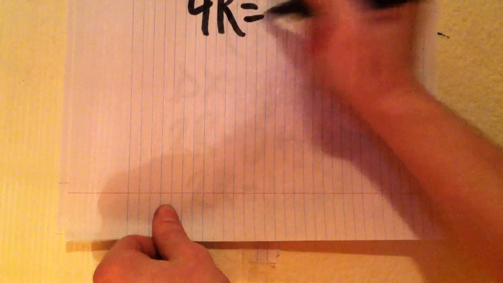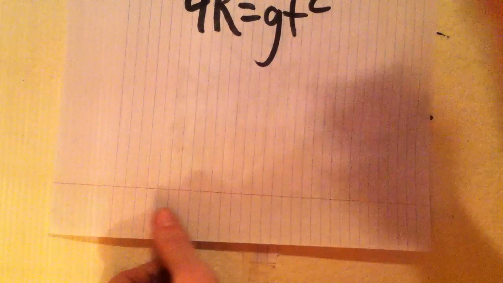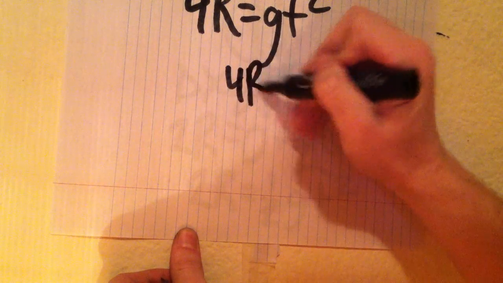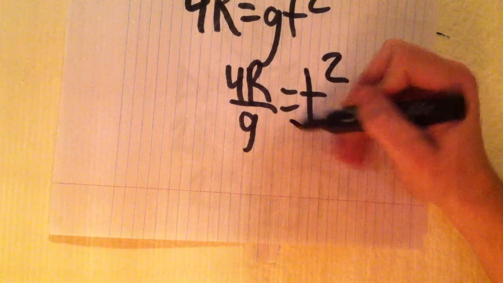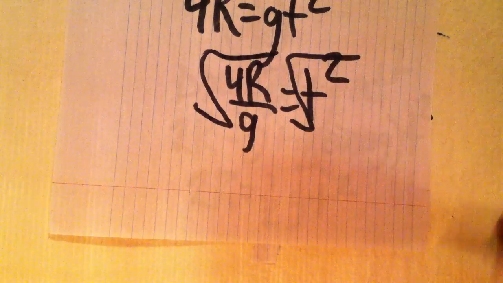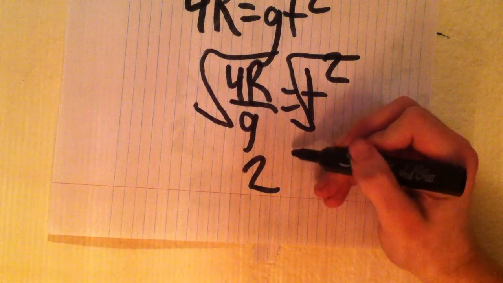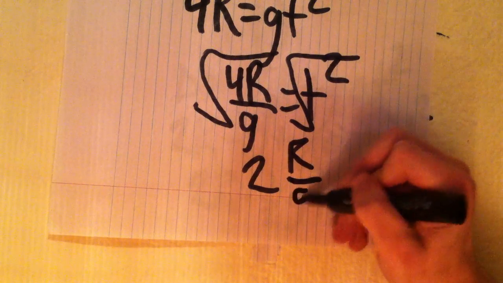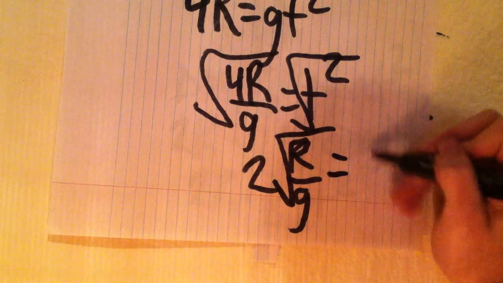Okay, little basic algebraic manipulation. You get 4r is equal to g times time squared, divide the g over. 4r divided by g is equal to time squared, so we take the square root to get rid of that exponent, and that reduces to time equals 2 times the square root of r over g.